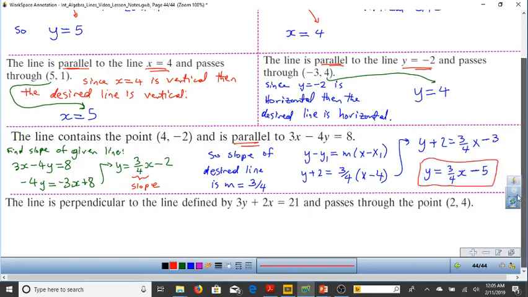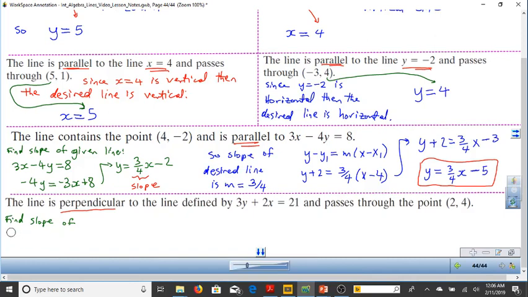Now let's try this one here. This time the lines are perpendicular and the line we want passes through a different point. We still need to know the slope of the given line because the slopes are still related, albeit in a different way. So find the slope of 3y plus 2x equals 21.